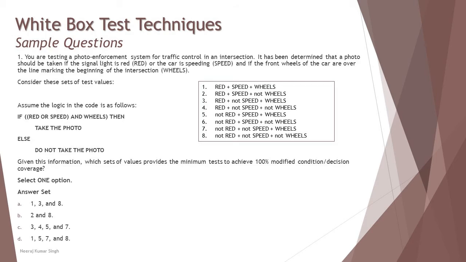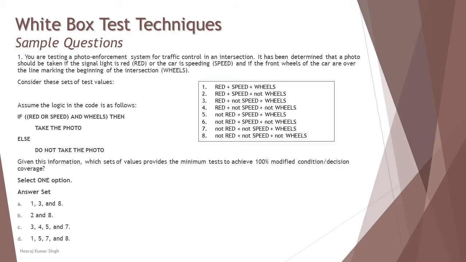You are testing a photo enforcement system for traffic control in an intersection. It has been determined that a photo should be taken if the signal light is red, represented by the text red, or the car is speeding, represented by speed, and if the front wheels of the car are over the line marking the beginning of the intersection, represented by wheels.